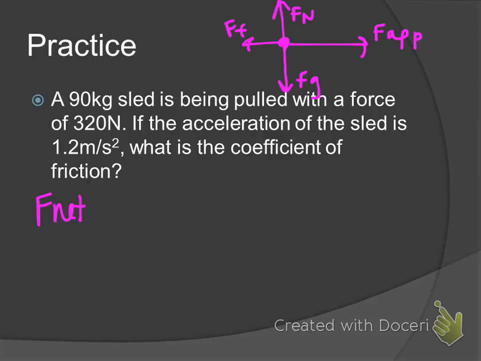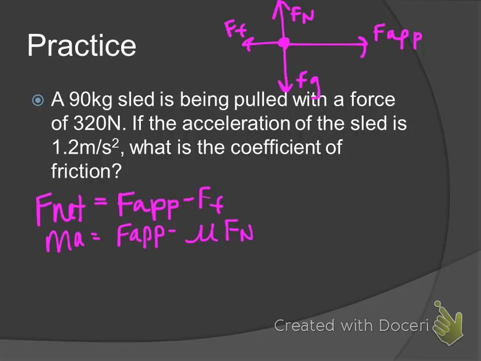Horizontal first. We're going to eventually need both because we need the normal force, but we're going to look at horizontal first. So we would take F applied minus frictional force. We do our substitutions. We were given our acceleration this time.